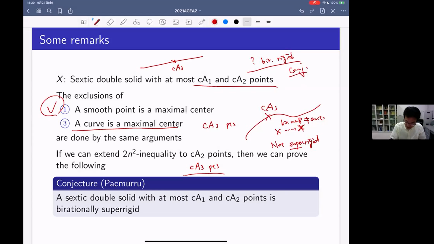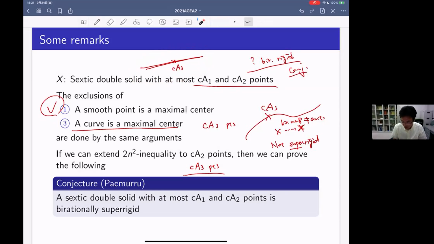I think blowing up this line does not create a birational map, but I have no confidence. There may be some non-trivial involution starting from this kind of line, because I cannot exclude this line case.